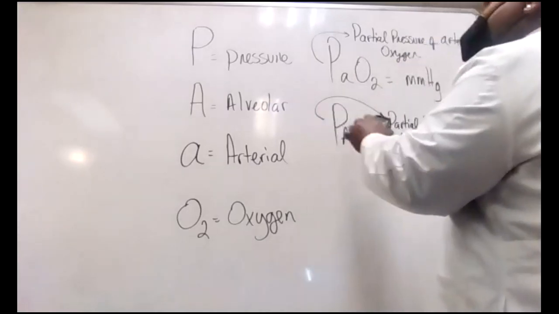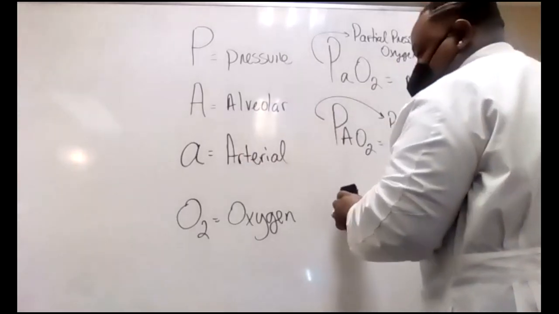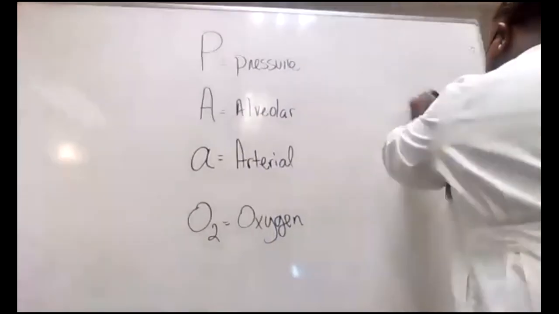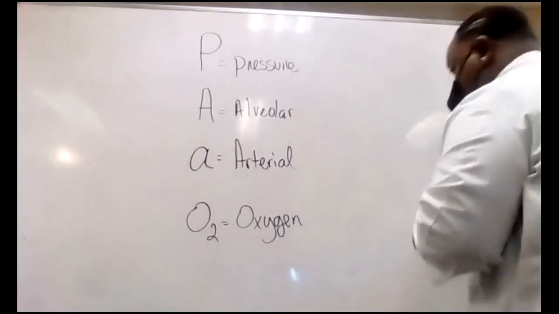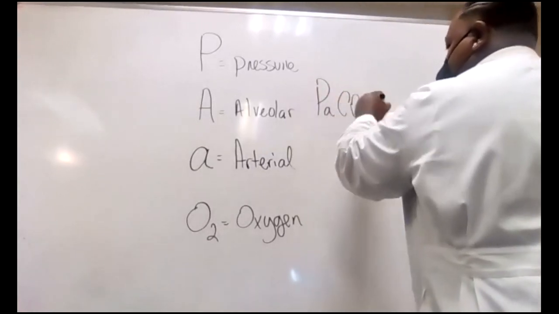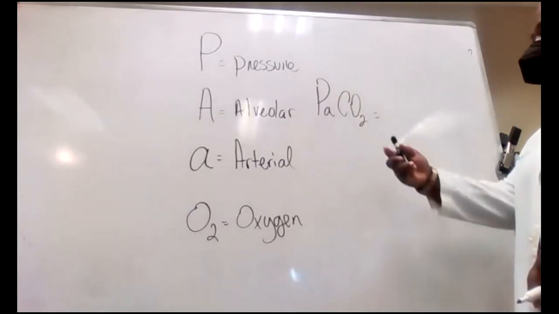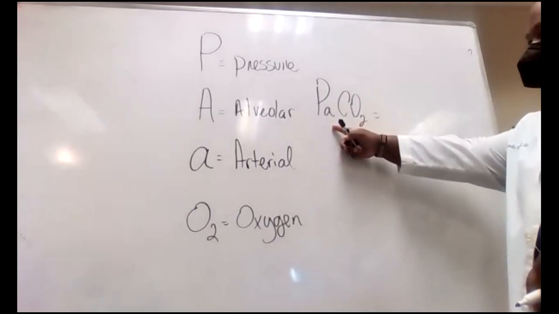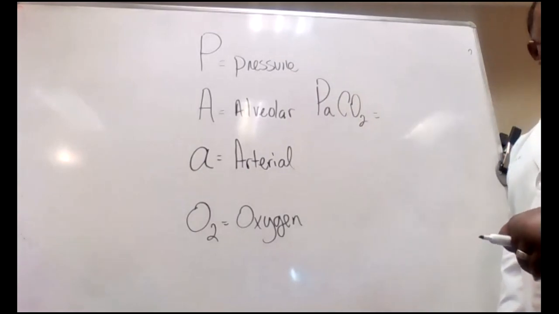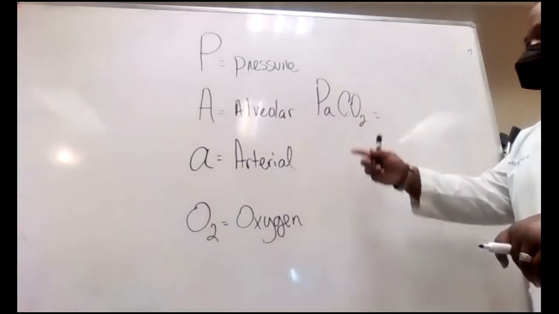Now, not only is there oxygen in the artery, but there's another gas inside of the artery. So what would it be if I had P little a CO2? What's that? Partial pressure of arterial carbon dioxide. Partial pressure of arterial CO2.